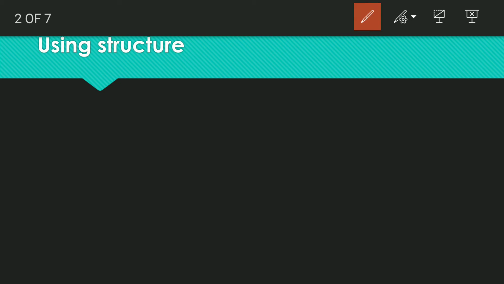Okay, let us understand it through an example. So let me take one example, that is benzene. Originally it has 1, 2, 3, 4, 5, 6 carbons, right?